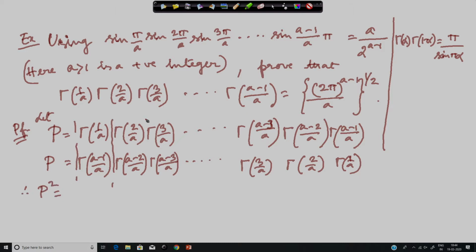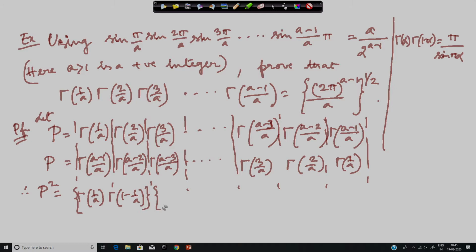We can group like this. Gamma 1 by a, gamma 1 minus 1 by a. Similarly, gamma 2 by a, gamma 1 minus 2 by a. Continuing in this way, we will have gamma, this will be a minus 2 by a.